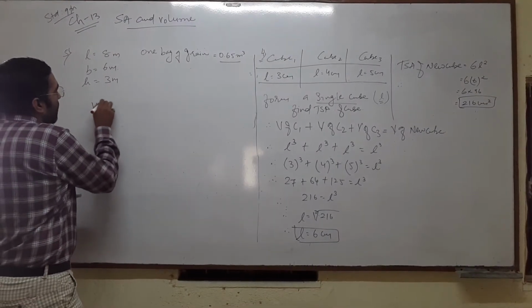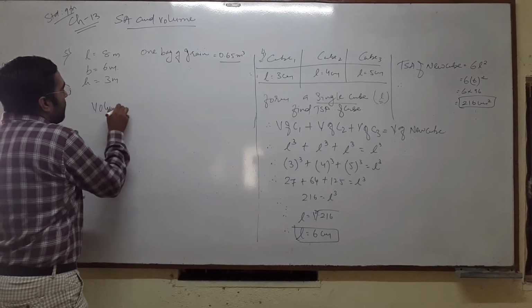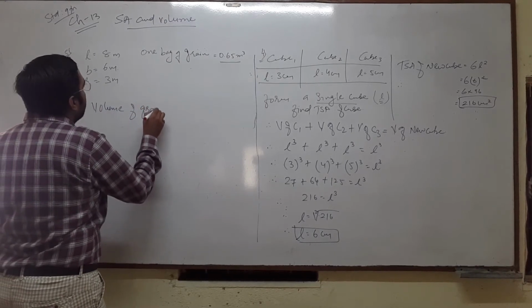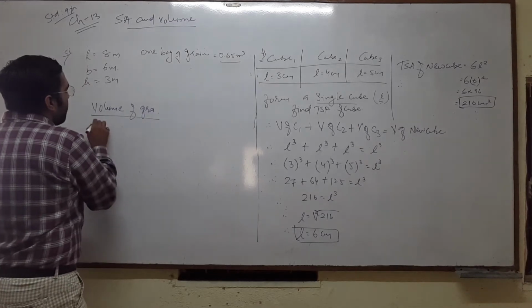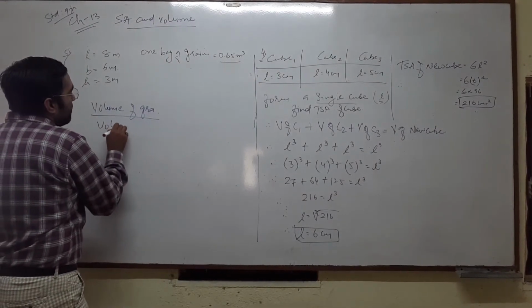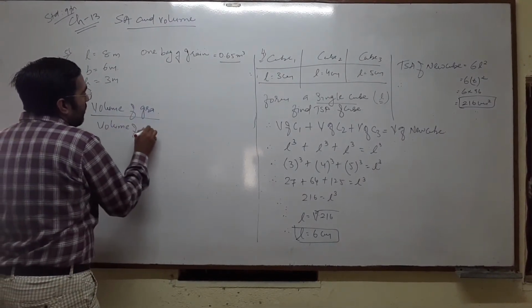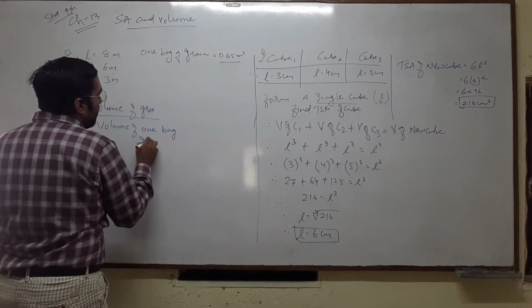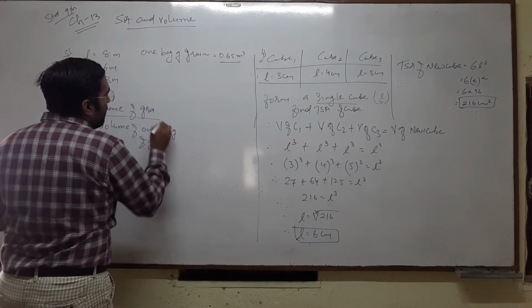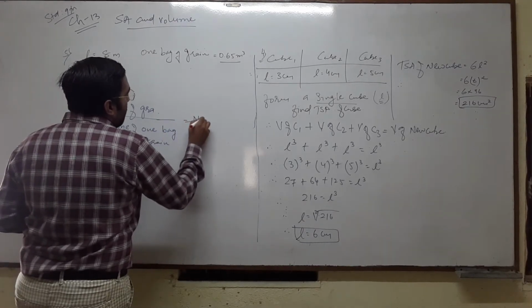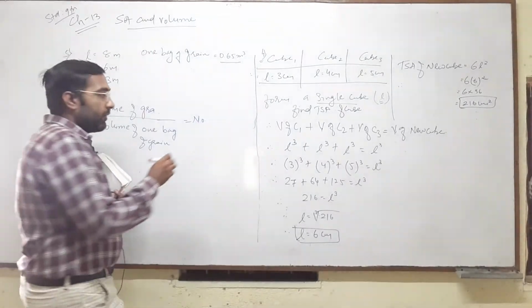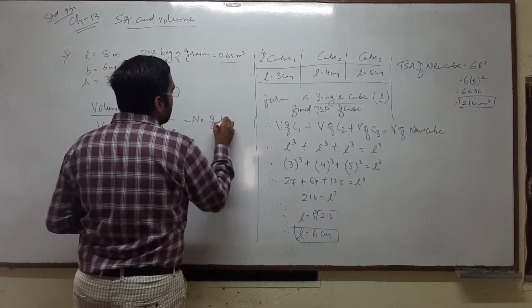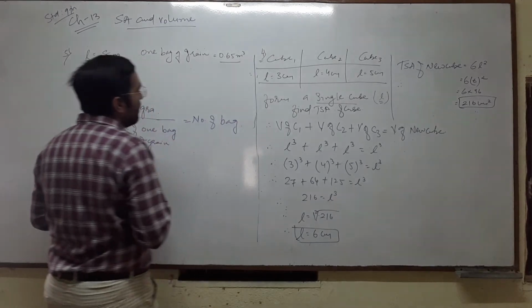So first of all, volume of granary divided by volume of one bag of grain is equal to the total number of bags we have to find.